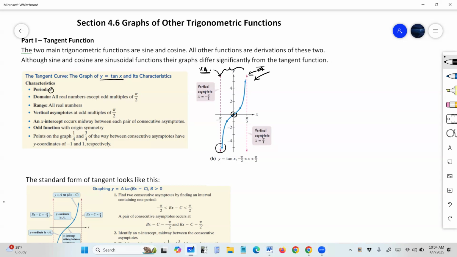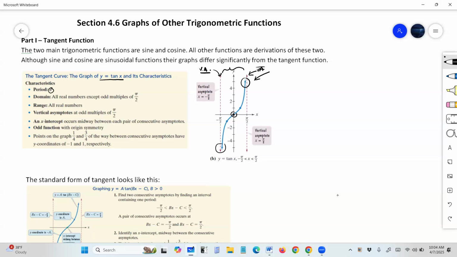It's the same for both sides. The graph is approaching and approaching, but never touches that location. So only 3 points: the two vertical asymptotes and the x-intercept in the middle.